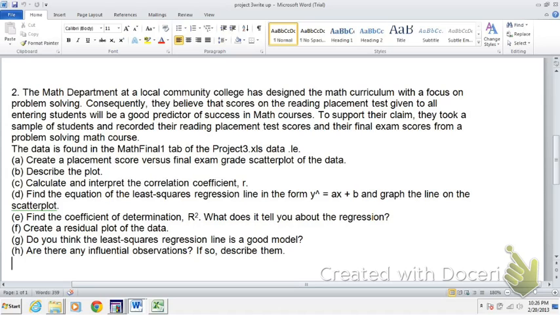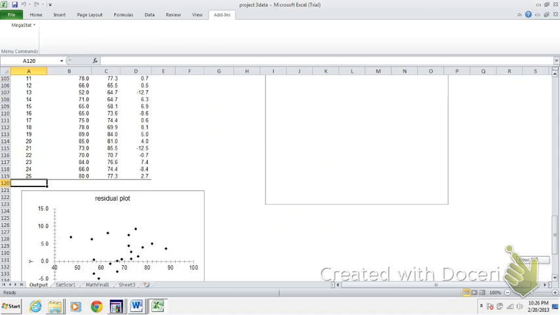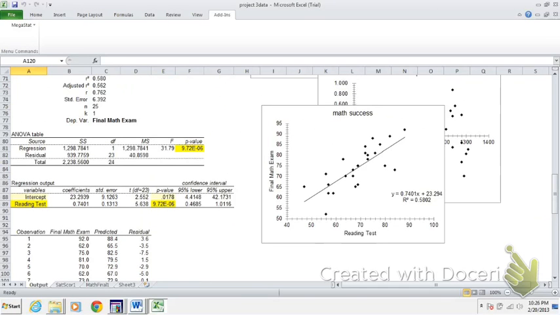I'm going to let you think about that, but I will give you a hint. You always want to look back at your original scatter plot. So I'll scoot that over here.